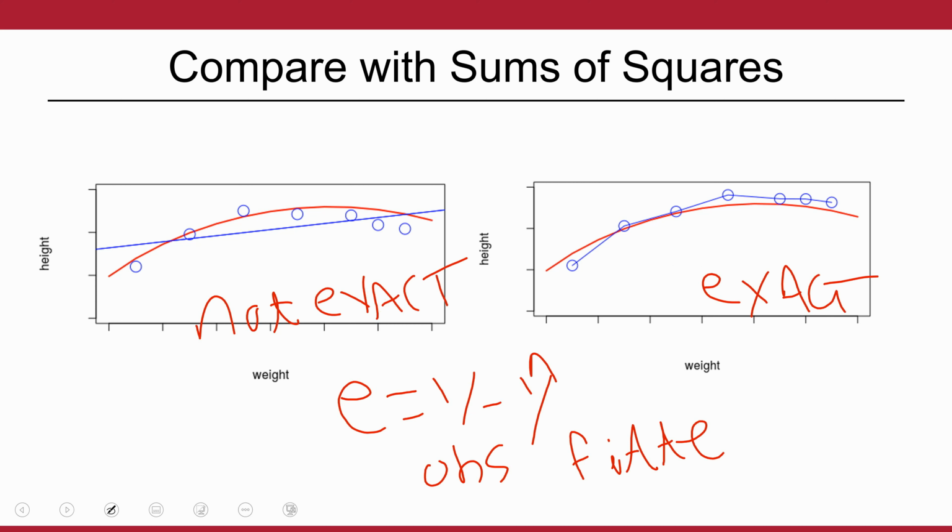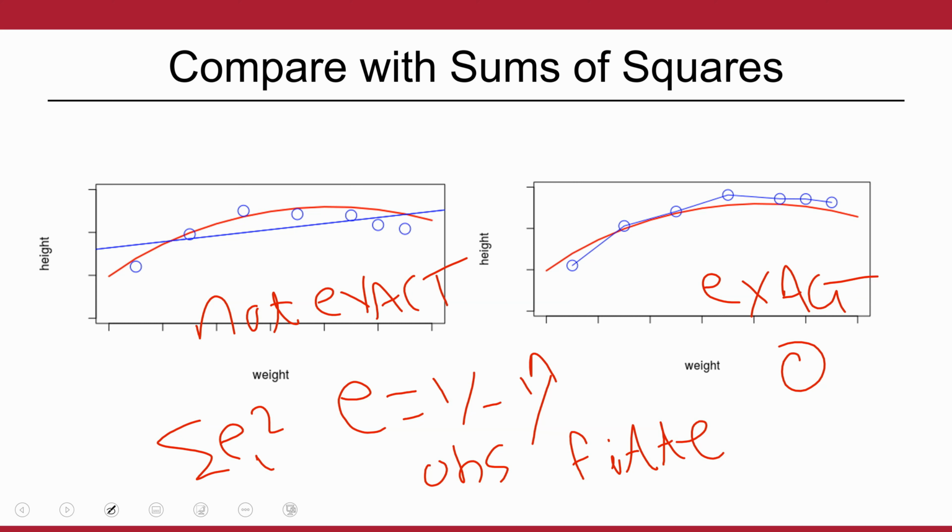So we look at the sum of the residuals squared, and the sum of residuals squared over here is going to be 0, over here it's going to be bigger than 0, easy to compute in R. And you can see that the straight line does not fit the data set as well as the polynomial.